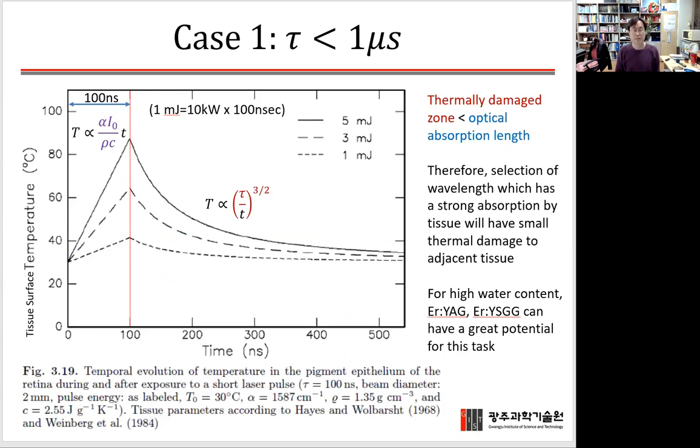So when you have a 100 nanosecond pulse duration, the temperature is going to increase depending on the energy. Here you have the same time, so this increase in the energy means an increase of the laser power.